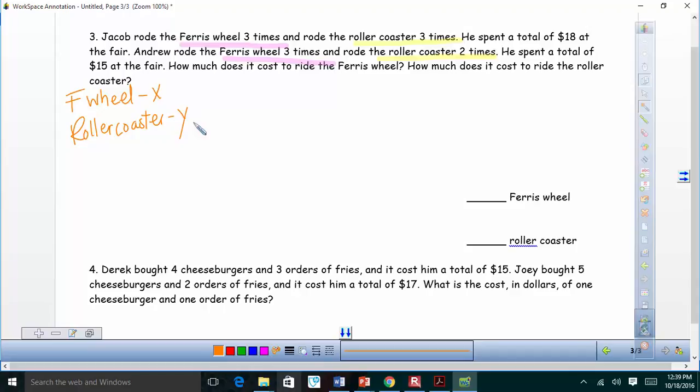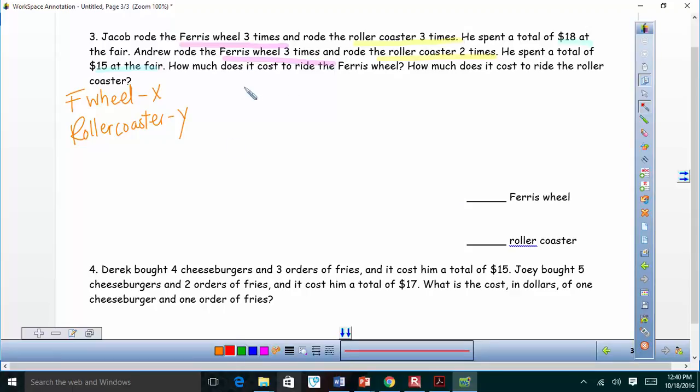Okay, so let's continue reading. It tells me that he spent a total of $18 at the fair the first time. The second time he spent a total of $15. So they want to know how much it costs to ride the Ferris wheel and how much it costs to ride the roller coaster. So let's write out our equations for this.